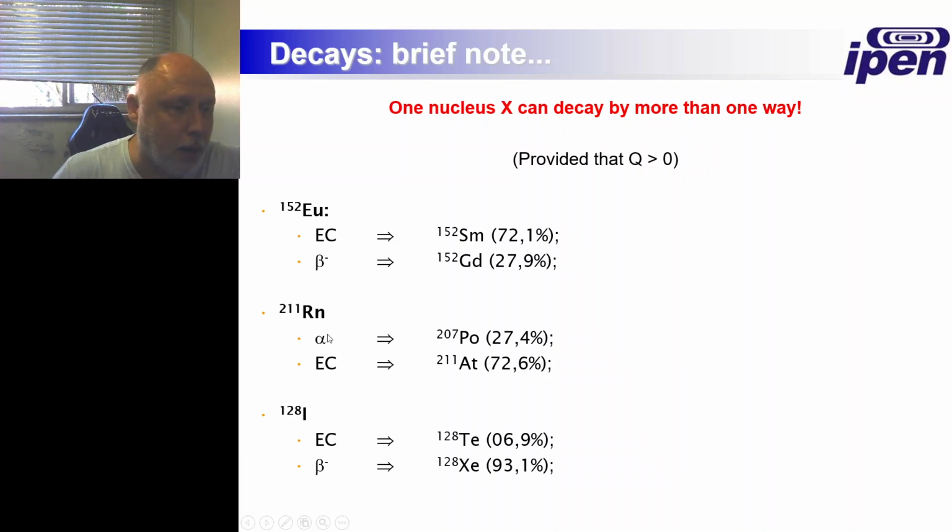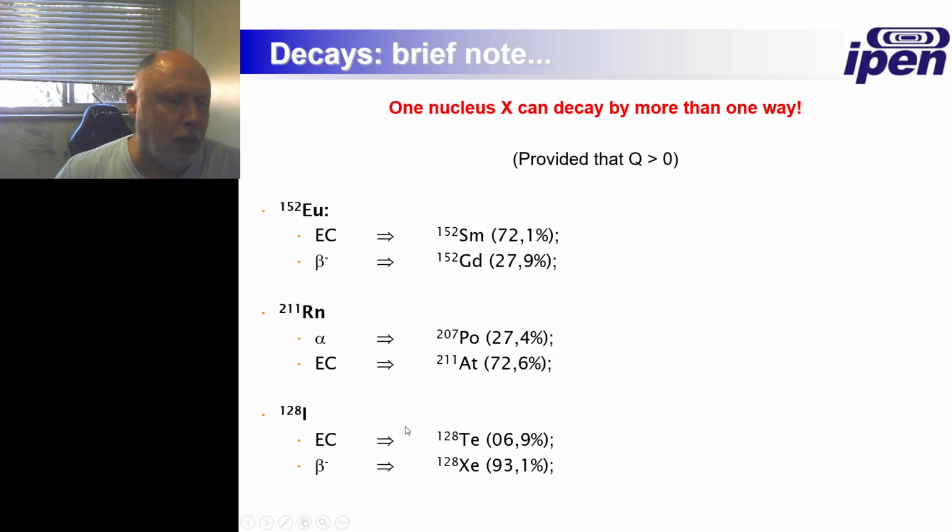Radon-211 can decay by alpha decay to polonium 27% of the time, and via electron capture to astatine 73% of the time. Same goes for iodine-128, and there are several other examples. I just got 3 here to show you.